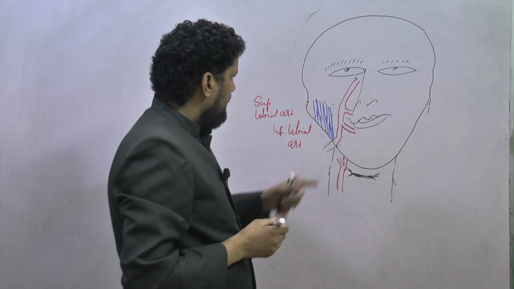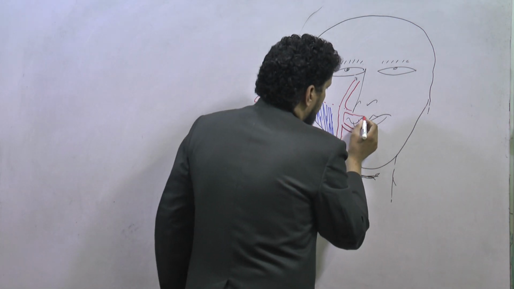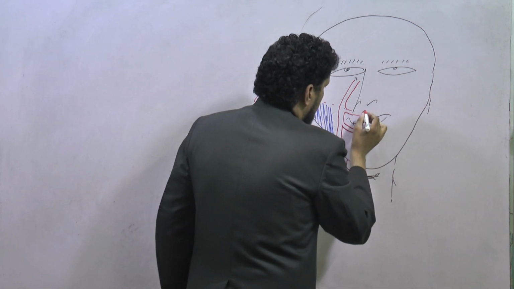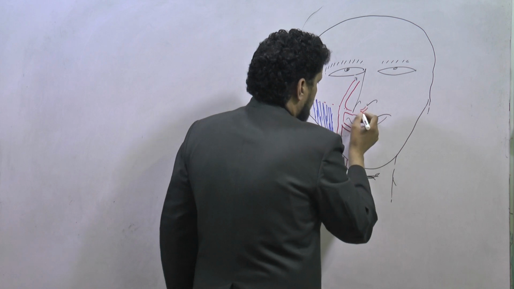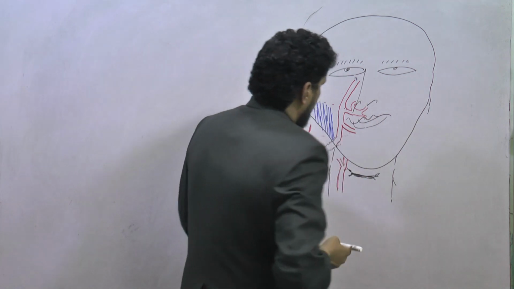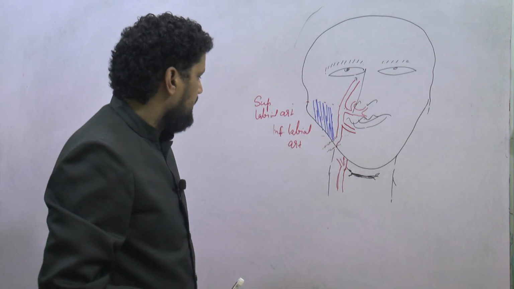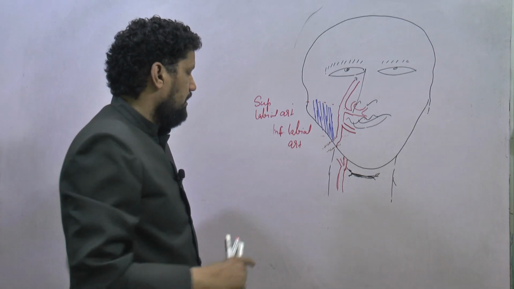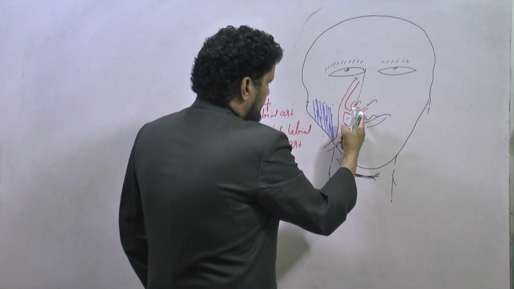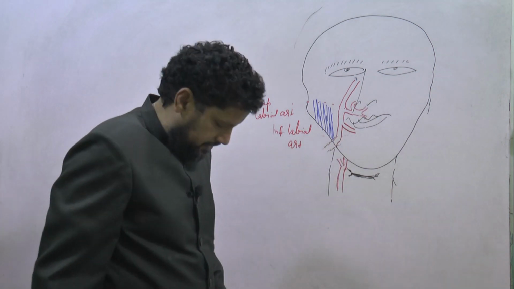The superior labial artery gives here the labial branch, the septal branch for the nasal septum, and the alar branch. So 3 branches of the superior labial artery can be seen here: the labial proper, the septal branch, and the alar branch.